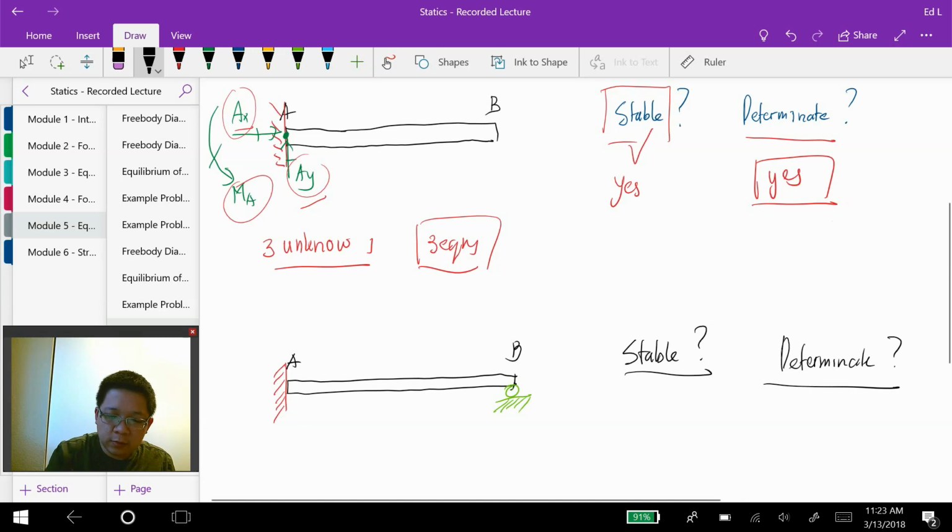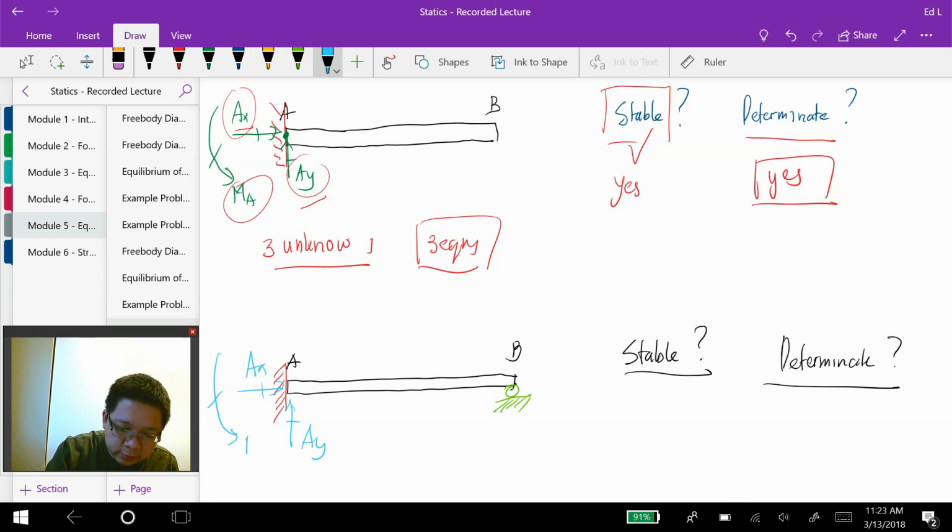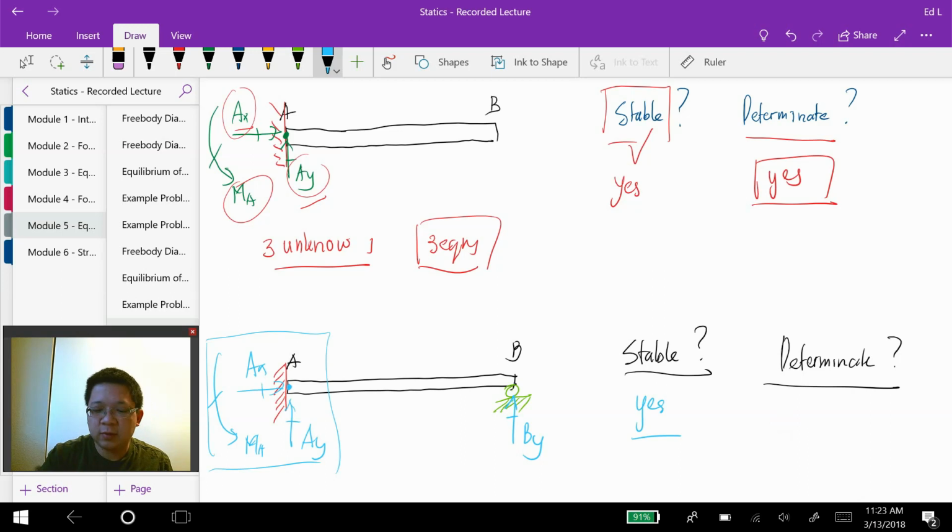Okay, so it's a good start to sketch the reaction forces in here. We have AY, AX, and MA, and then at B we have BY. If these 3 supports are already stable, an additional support at B doesn't change anything. Then the answer is yes, it's a stable structure.